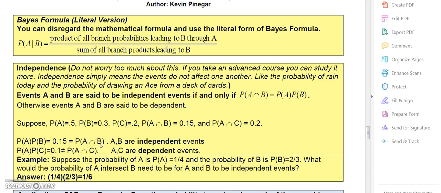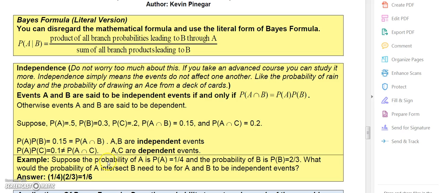So that would tell me that these are independent events. But if you multiply the probability A times the probability of C, you get 0.1, and the probability A intersect C is not equal to 0.1. So in this case, A and C would be dependent events.